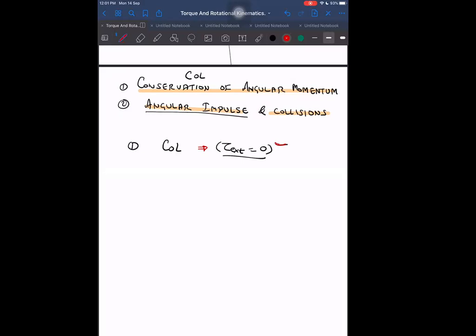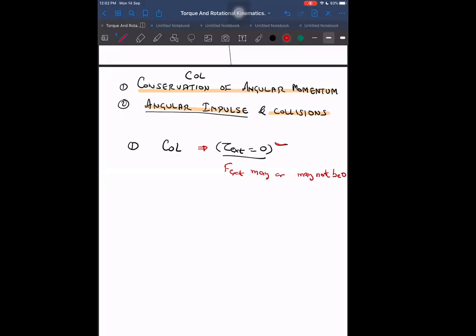Now, you know, this very nice and interesting thing that I'm not saying that external force is 0. External force may or may not be 0. It may be 0 sometimes, or at other times it may not be 0. Because due to that force, torque may or may not be 0.